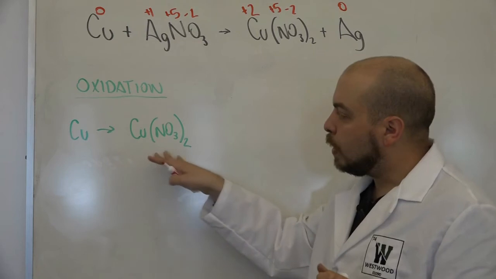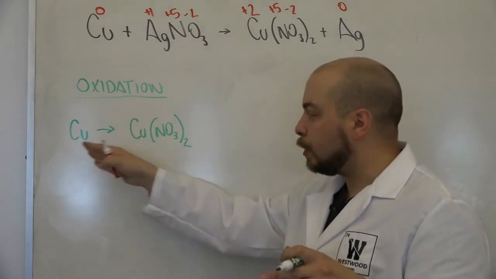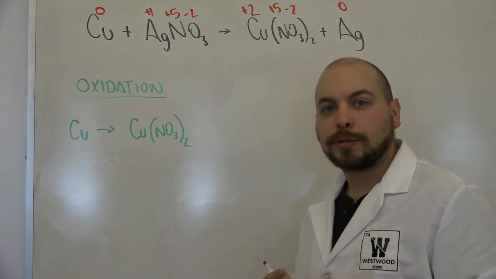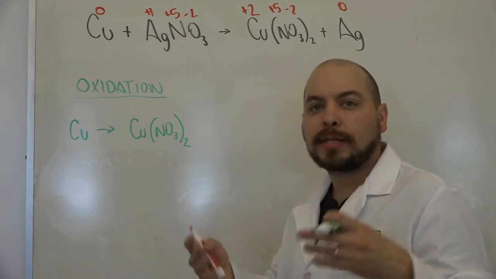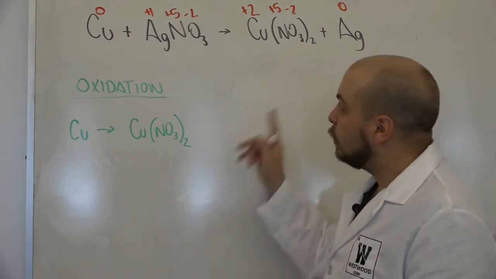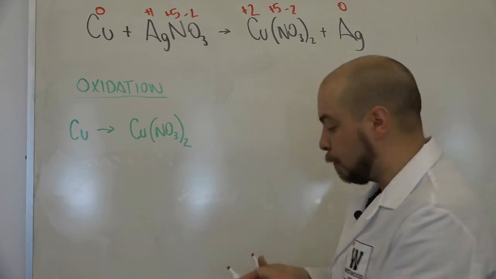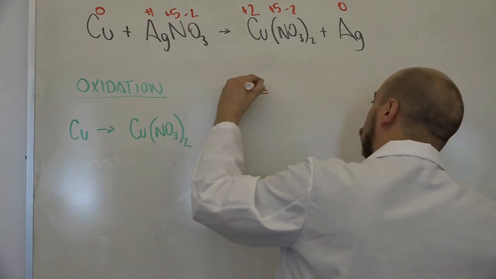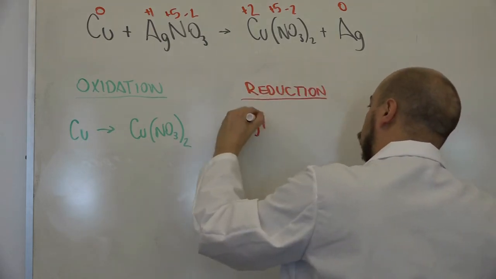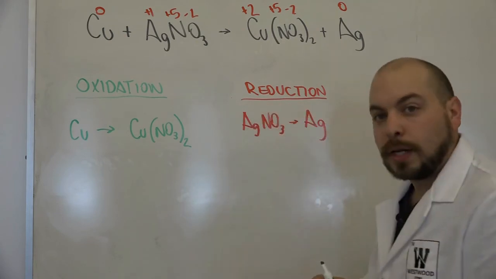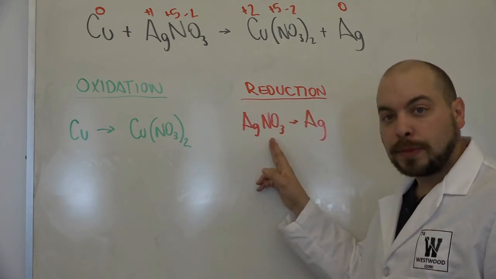Again, when we write our half reactions, we include not just the element that's being oxidized or reduced, but every compound that that element is in. Same thing goes for the reduction half reaction. Again, we've included the nitrate. That's important.